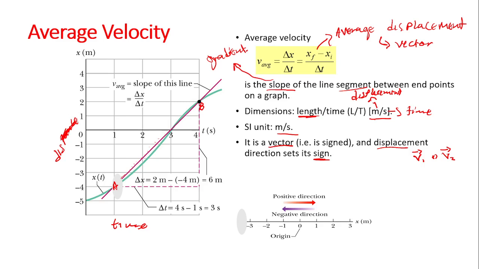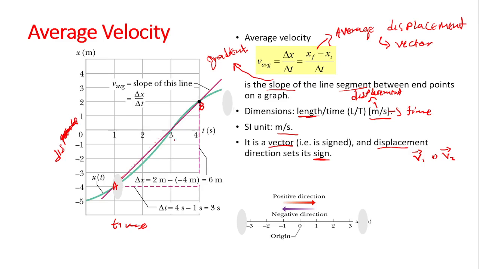Now, from this positive direction, it has again gone back towards the negative direction. Because it has gone up and back, the average velocity is what? It is 0, because it has moved in the opposite direction.